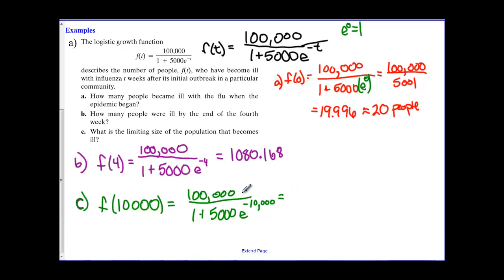So now we go through, and I want to double check to make sure we don't have a mistake. Yeah. So the 5,000 e to the negative 10,000 is so close to 0 that whenever you put it in your calculator, it's actually just going to give you the 100,000.